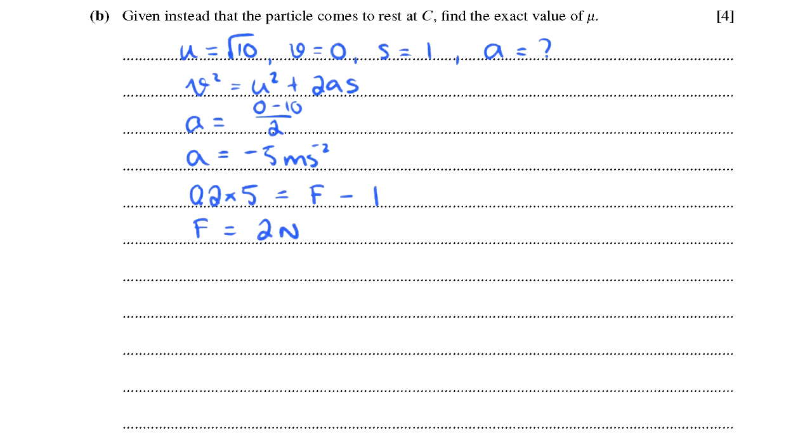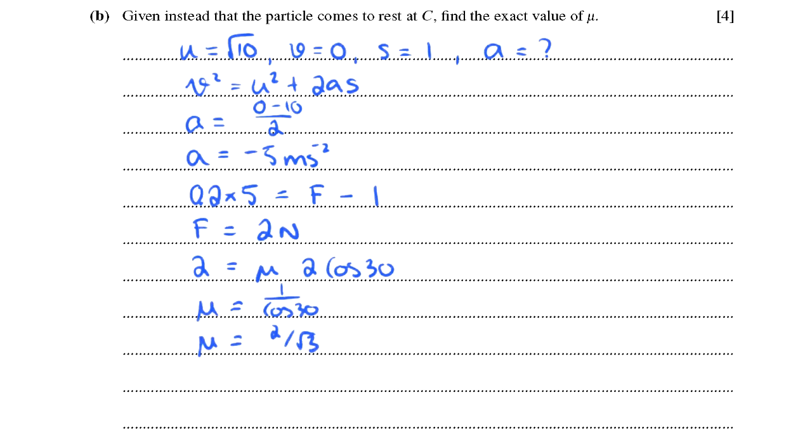Okay, and we know that the force of the friction is equal to mu times the normal. The normal is the weight, which is 2 times cos of 30. So the coefficient of friction is 2 divided by 2, which is just 1, so 1 over cos 30. Cos 30 is root 3 on 2, so mu is going to be 2 on root 3.